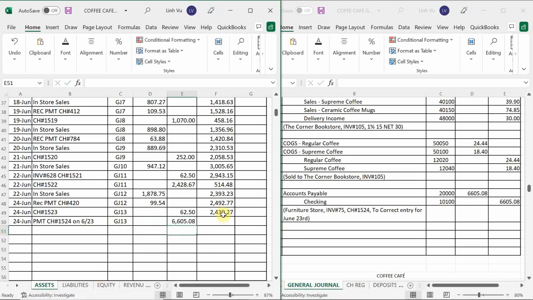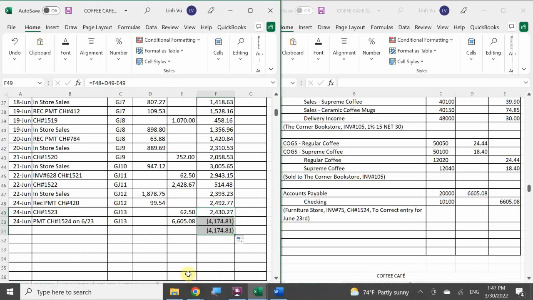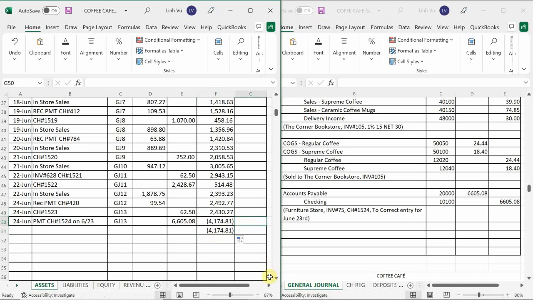So what does that bring us? It brings us to a negative $4,174. So again, how do I put this in here? A negative debit is going to be an equal credit. So make sure you type it in correctly.